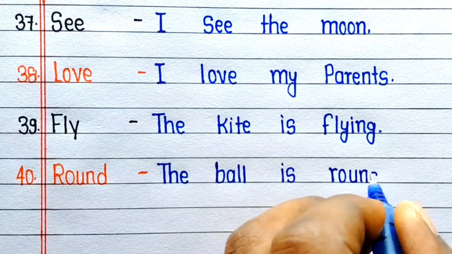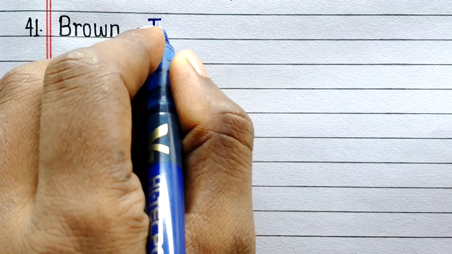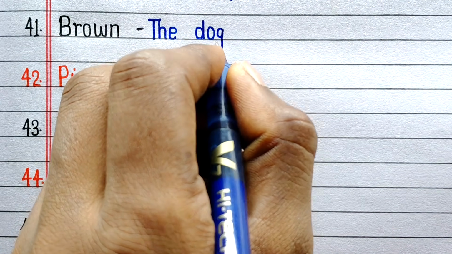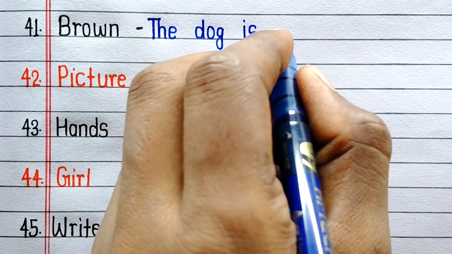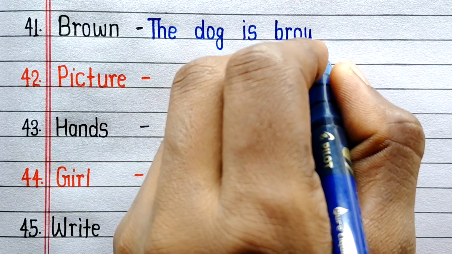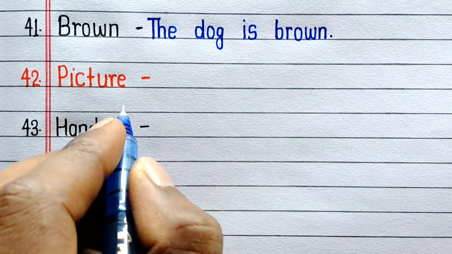Round, the ball is round. Brown, the dog is brown.